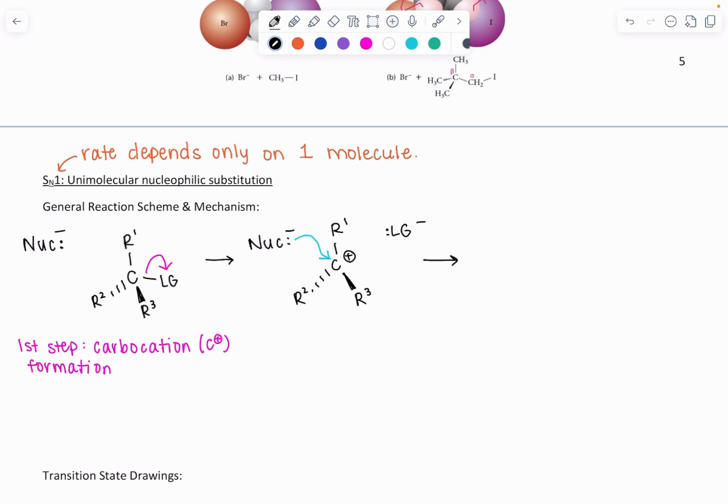And because everything doesn't happen in one step, we don't observe the same sort of inversion of stereochemistry. We actually, in SN1, observe both stereoisomers. So you would see both nucleophile bonding on the left, and we'll draw out why this is shortly, and nucleophile bonding on the right.